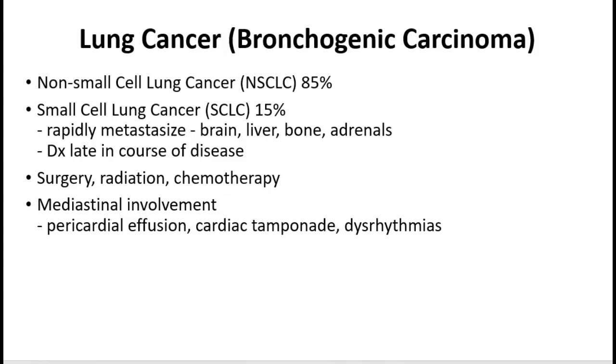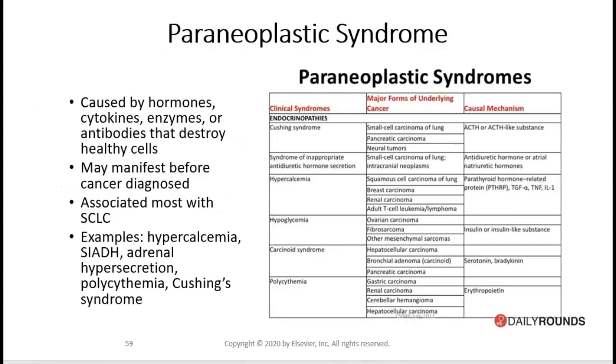And then, of course, there are things that go along with some of our lung cancers, this paraneoplastic syndrome. So basically, those cytokines are messengers, enzymes, and antibodies. They tend to destroy some healthy cells. So when we talked about an oncological emergency of syndrome of inappropriate antidiuretic hormone secretion, one of the main risk factors is small cell lung cancer.